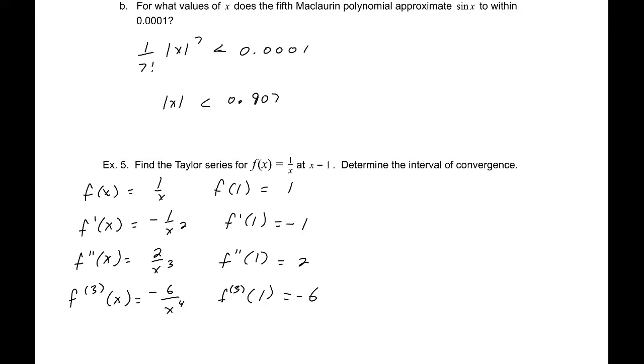Now if you notice, these are actually respectively 0 factorial, 1 factorial, 2 factorial, 3 factorial.